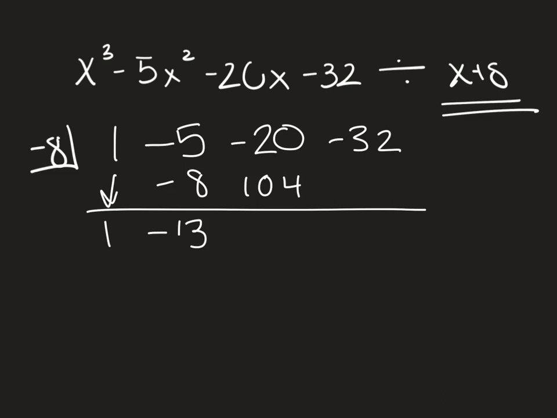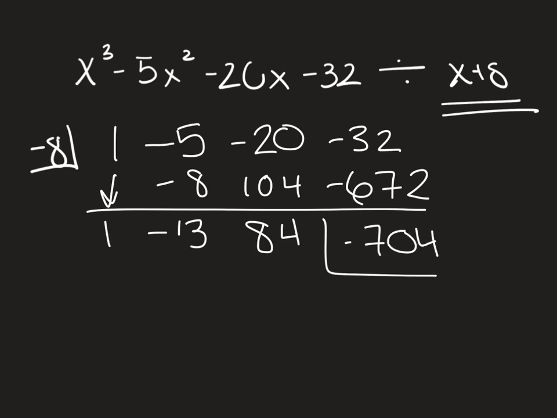Negative 20 plus 104 makes 84. These numbers are so big. 84 times 8 is 672, and it's going to be a negative because a positive times a negative is a negative. And then negative 672 plus 32 more is going to make negative 704 is my remainder.